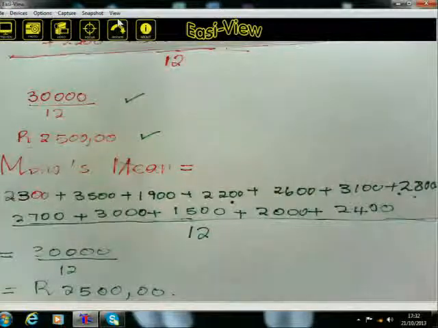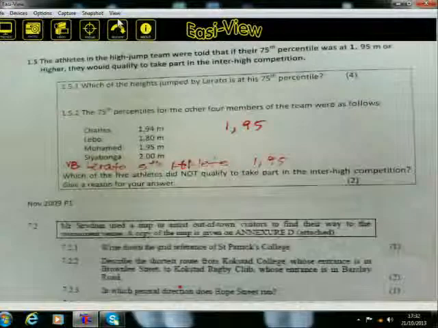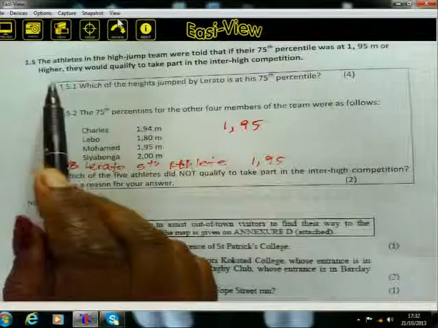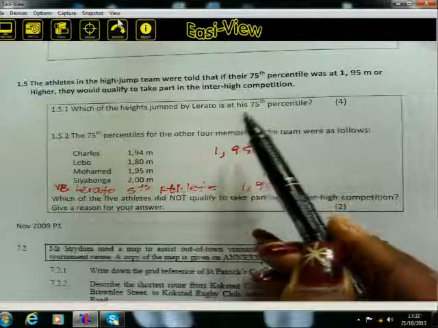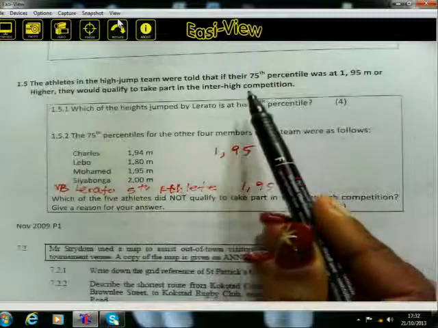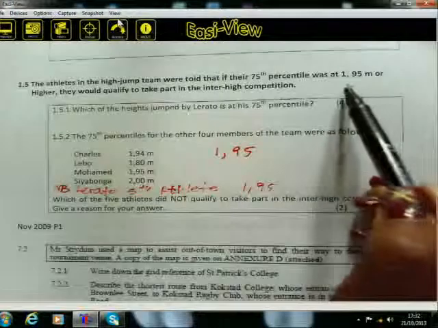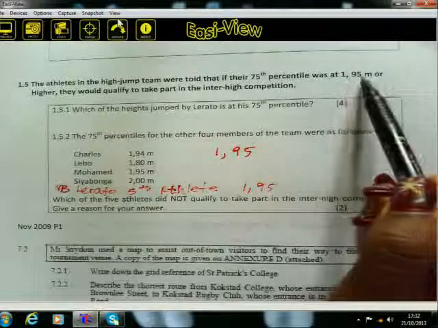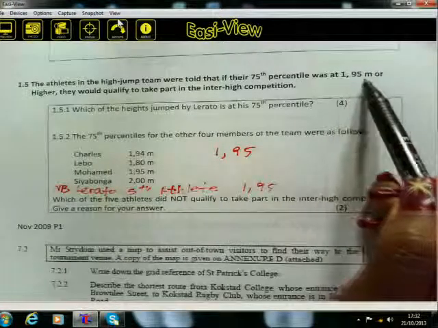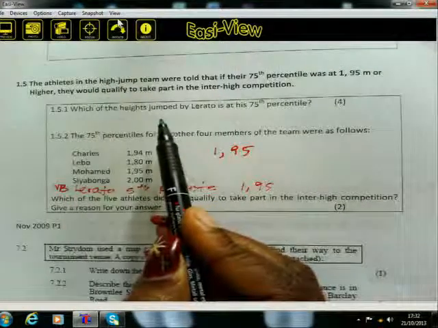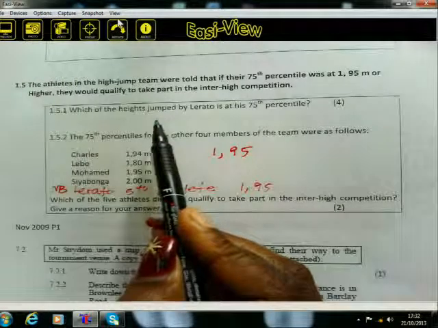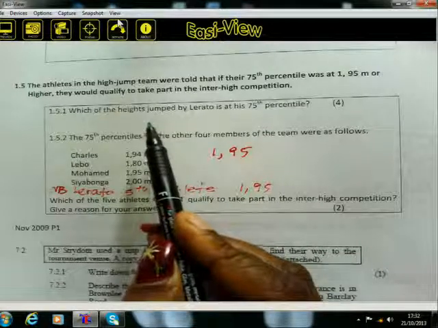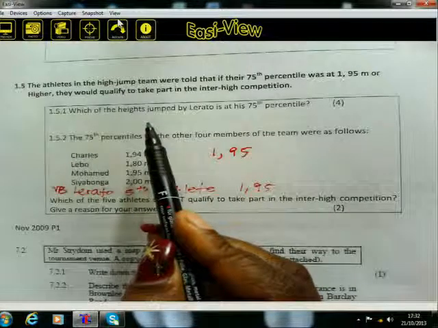Also, remember, when we were dealing with 1.5, here they have stated that the recorded heights after the 75th were at 1.95 meters. Here they are just leading you that whatever you write as your answers should be in what? In units. So don't forget those units.